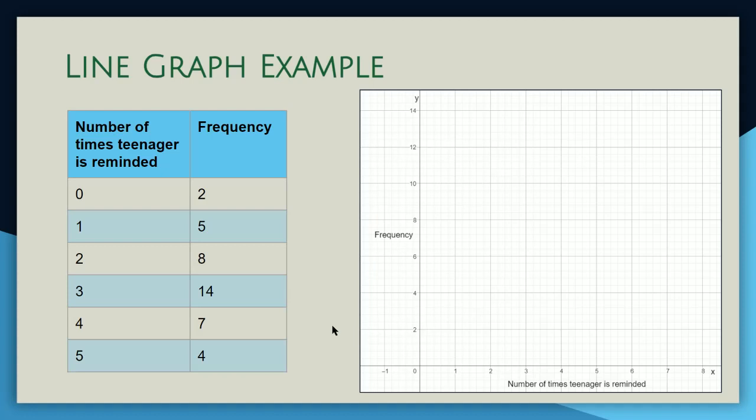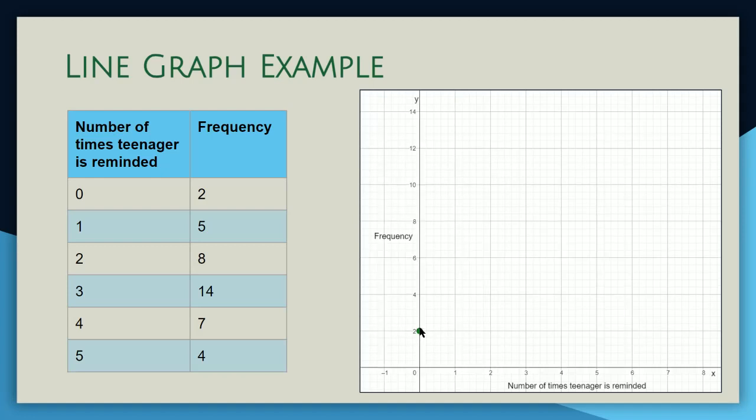So now that I've got my axes labeled, we're going to start plotting points, x comma y. So my x for that first row is 0. So here's 0 on the x. And then my frequency, or my y value, is 2. So there's my first data point, 0, 2. The next one is 1, 5. So over 1 on the x, up 5, which is going to be halfway in between on the y.